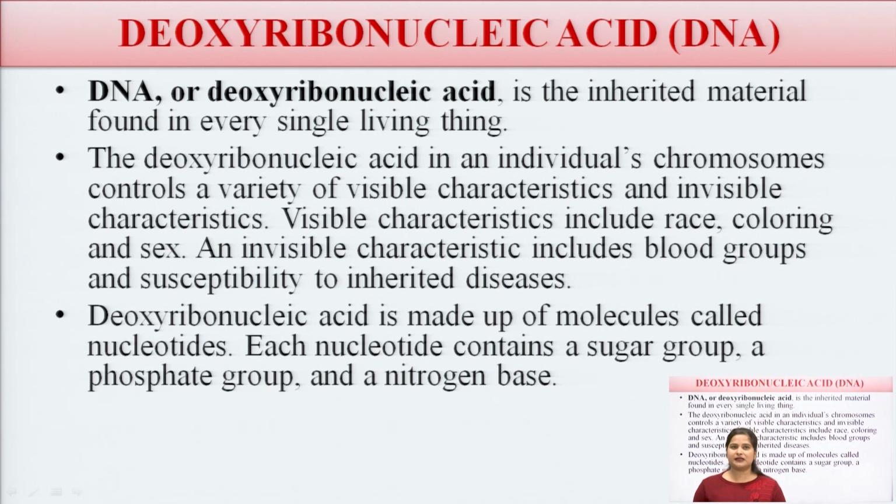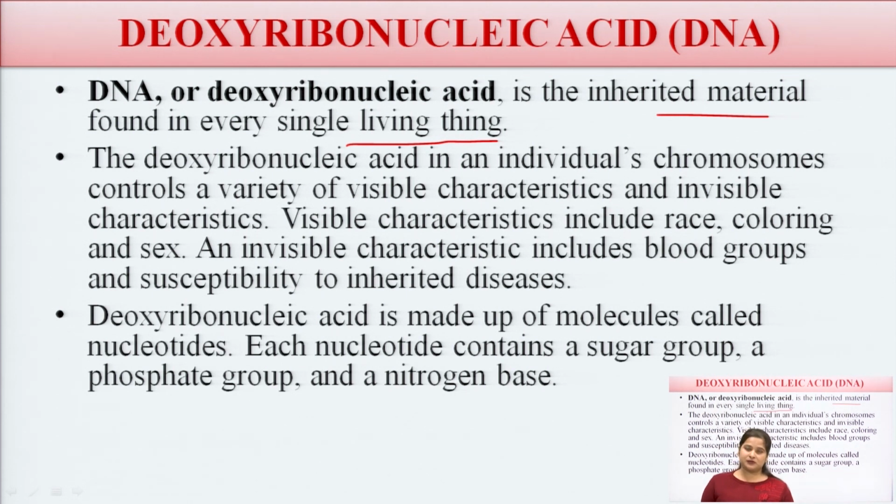Now, next one is DNA. The full form of DNA is deoxyribonucleic acid. DNA is the hereditary material found in every single living thing, and this DNA in an individual's chromosomes controls a variety of visible and invisible characteristics.